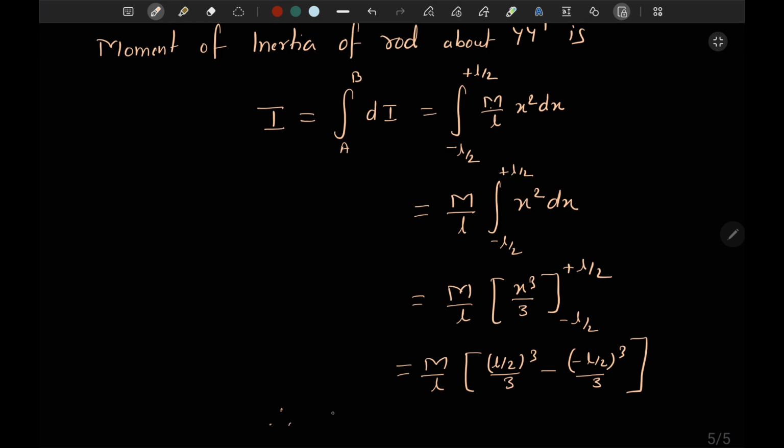So finally we get I is equal to m L square by 12. This is the moment of inertia of a rod rotating about an axis passing through its center and perpendicular to its length.